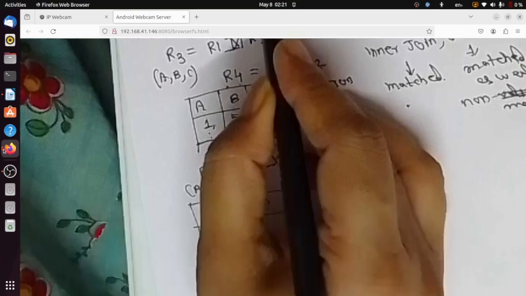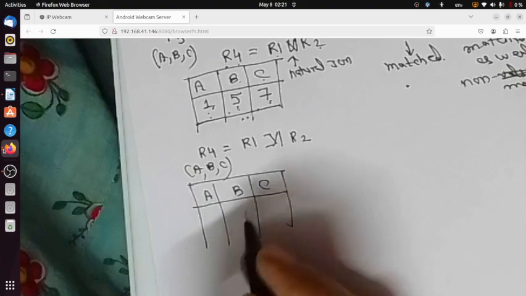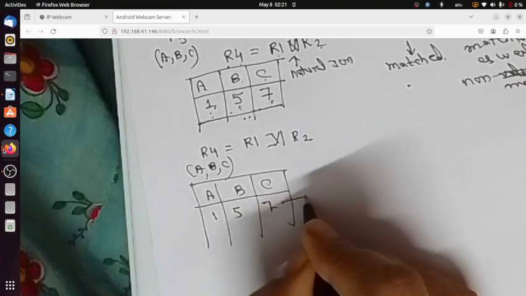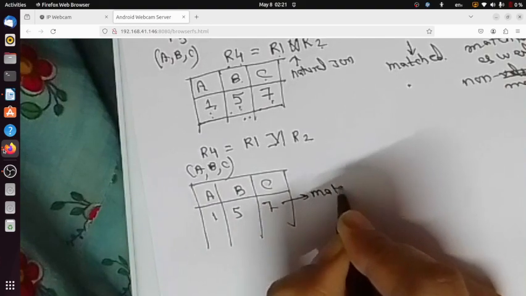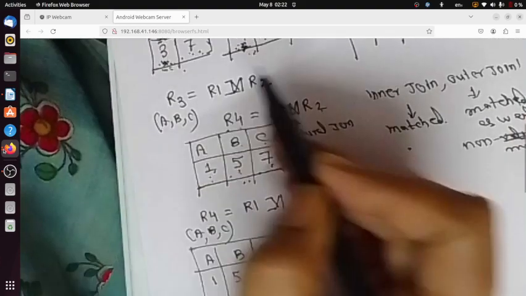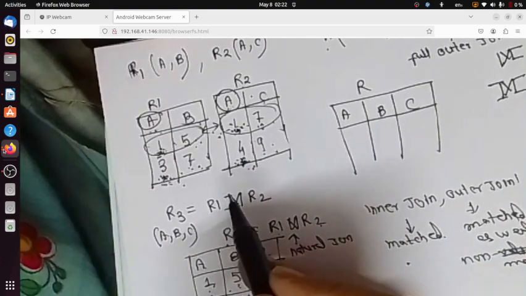So in left outer join there will be matched records as well as non-matched records. 1, 5, 7 is the matched record found between these two relations. But outer join also contains the non-matched records.